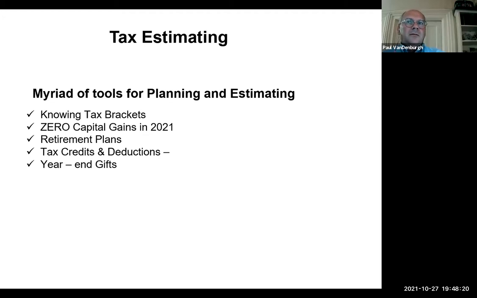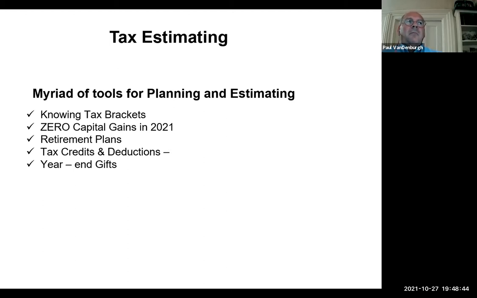The amount of the gift in excess of $15,000, I'll refer to as an excess gift. The excess amount will reduce the amount that can eventually pass through your estate tax-free to the beneficiaries. I'm not an expert in estates.